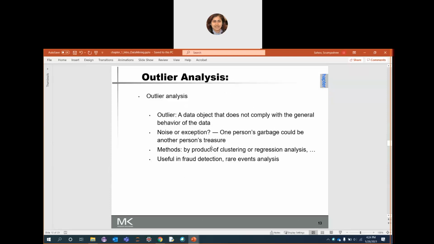Next, if you are learning about clusters, doing the classification for defining clusters, then comes your outlier. So what is an outlier? If a data set contains objects that do not comply with the general behavior or model of the data, then those data objects are outliers.